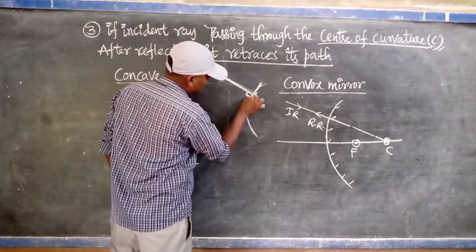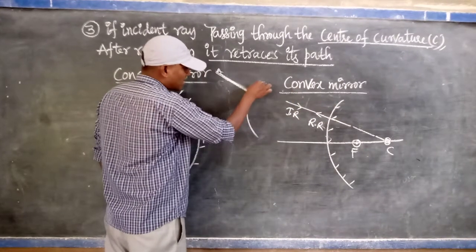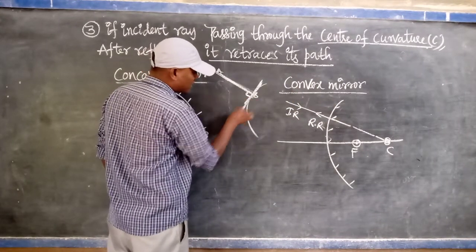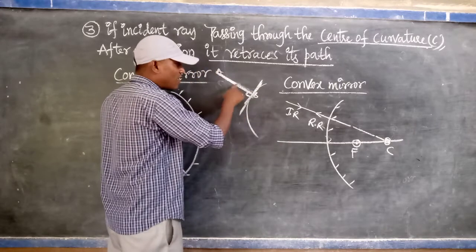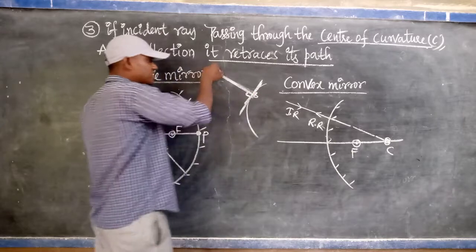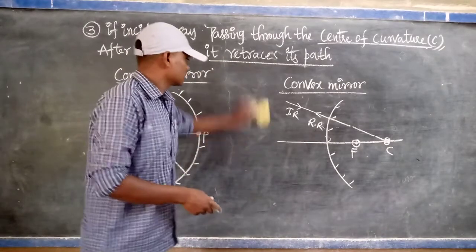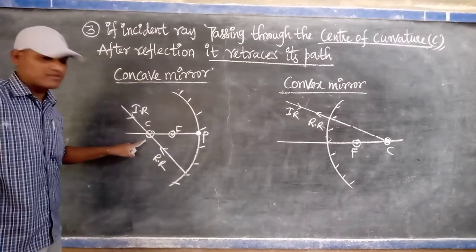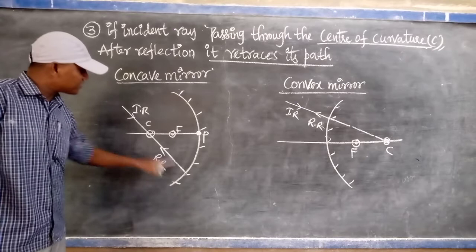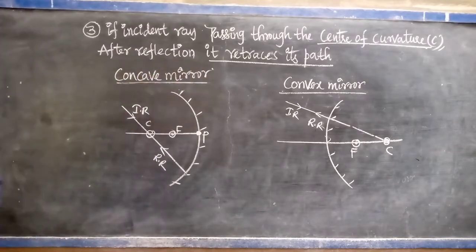If the light falls here at the point B on the convex surface, at that point we draw a tangential line. For the tangential line, the light ray appears to fall normally. That's why it retraces back. If the incident ray passes through the center of curvature, after the reflection, it retraces the same path in both concave and convex mirrors.